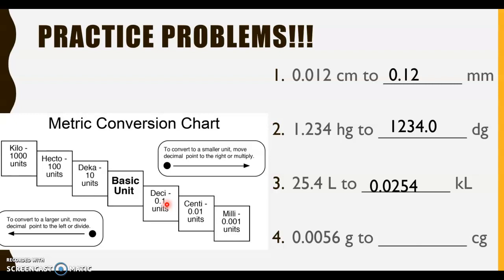To go from liter to kiloliter, you're going to go the other way, right? So you're going to go to the left, which is going to give you a smaller number, and so on. Same thing, to go from grams to centigrams, grams is a basic unit here. Centi is that way. So you're going to go that way, all right?